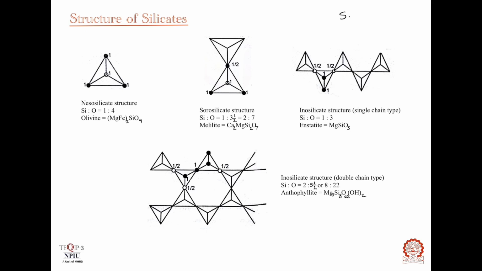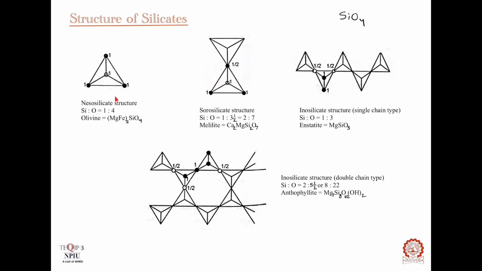Silicate tetrahedron SiO4 is the fundamental unit of all silicate minerals. This is the shape of one unit of silicate tetrahedron. The four corners in this tetrahedron show the position of oxygen atoms, and the silicon atom, which is much smaller than oxygen, lies at the center of the tetrahedron.